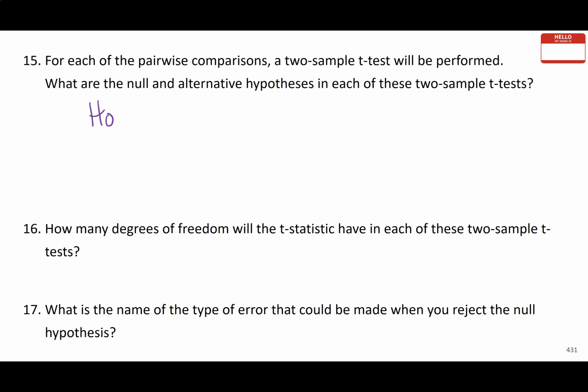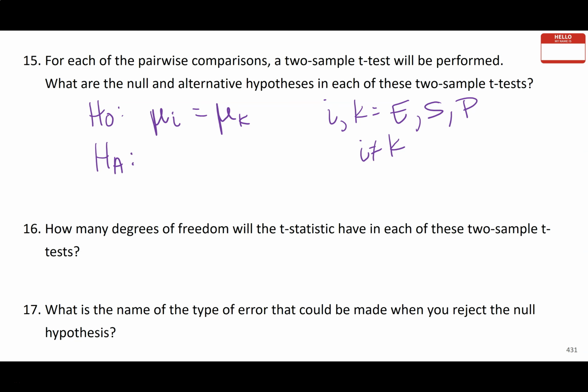So we're going to even look at mu i is equal to mu k, where i and k, they're equal to E for elaborate, S for simple, P for pairwise, and we're not looking at when i and k are equal to each other.